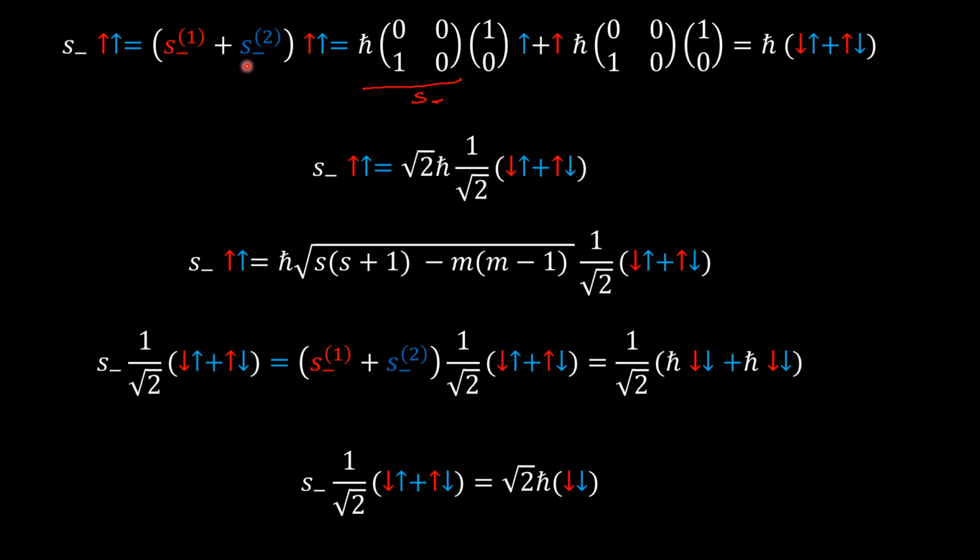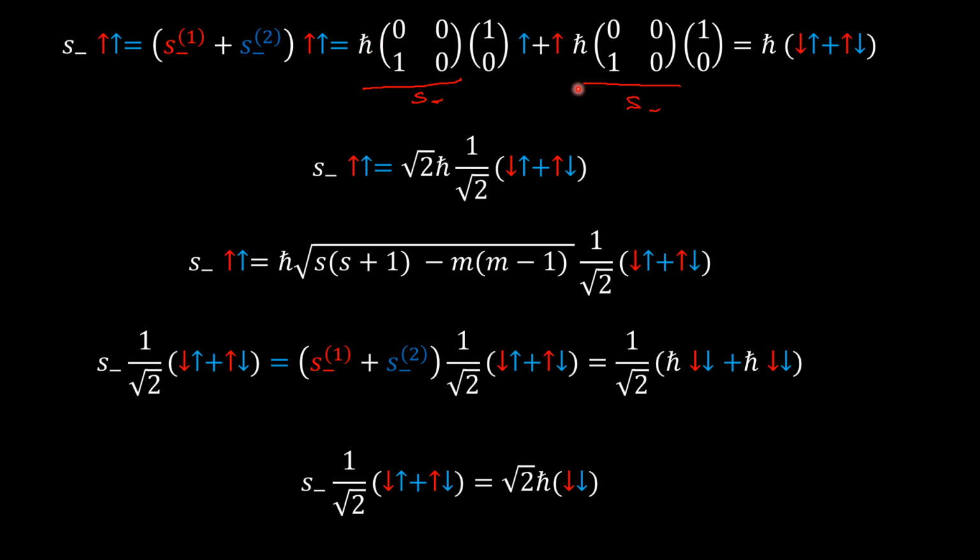Next I will take this S2 minus operator. It will act only on the blue color proton, which is spin up. So that matrix I have written, that is S minus. I am keeping this spin up electron as it is. Here I have kept the spin up proton as it is.